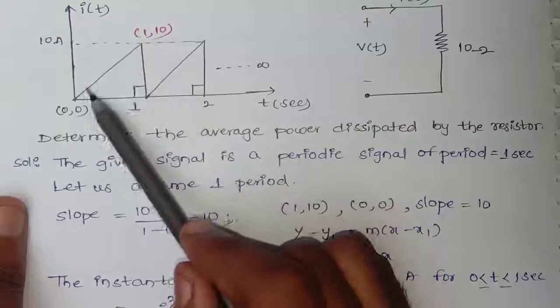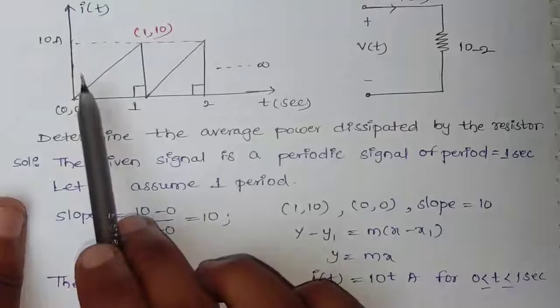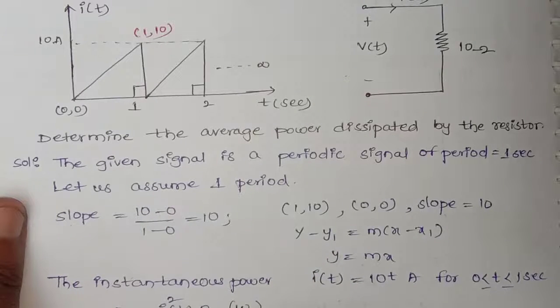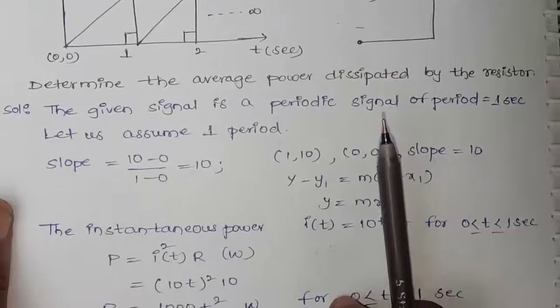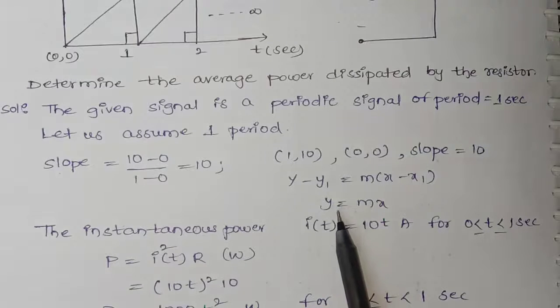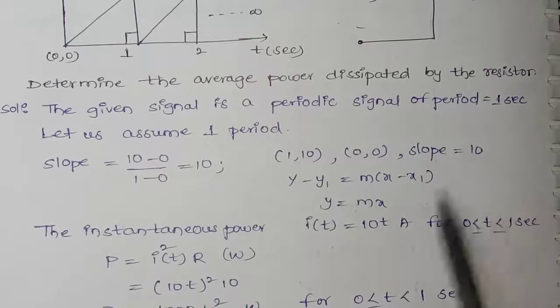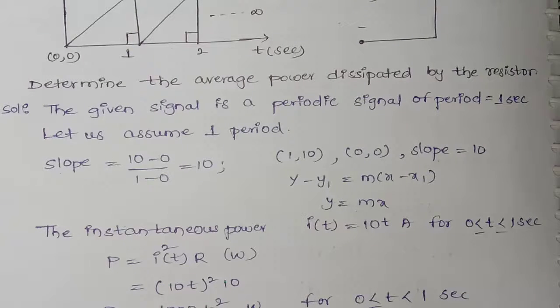A straight line passing through the origin means the y-intercept becomes 0. So we can simply use y is equal to mx, because the y-intercept is 0. By using this formula also you can get I of t.